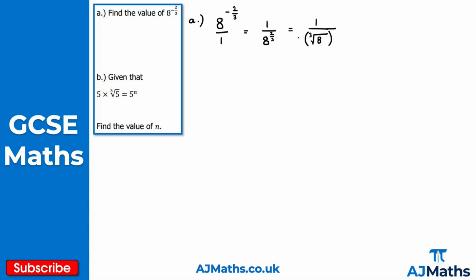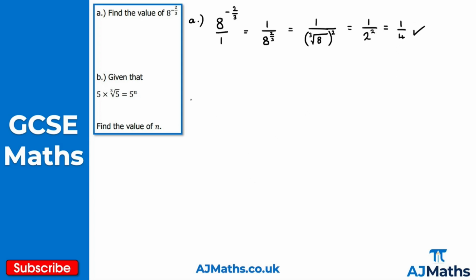So because this is 2, I square the cube root of 8. Okay, like so. So the cube root of 8 would be 2. We then square that. What I'm going to get here is 1 over 2 squared. And 2 squared is 2 times 2, giving us 4. So we get 1 over 4 there. Okay, that's the solution to A.